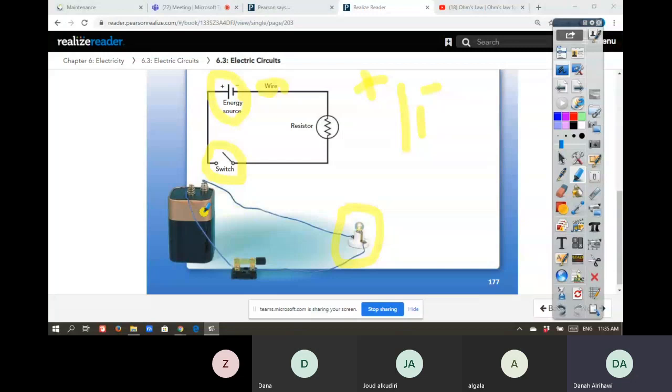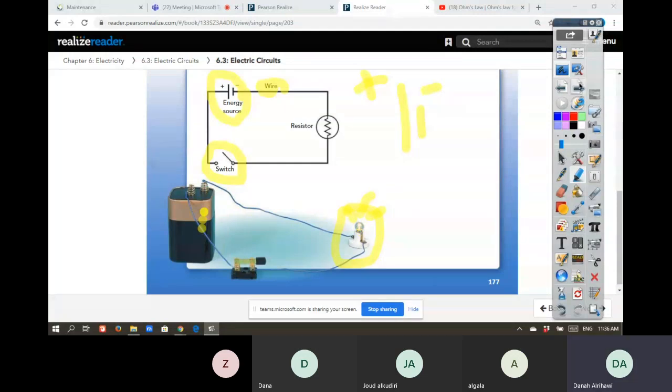Here I have potential energy. It turns into electric charge, making it move. But where does this energy move? Change to what? Maybe it turns into light in the light bulb. Maybe it turns into heat in the heater. Maybe it turns to kinetic motion as the fan is moving.